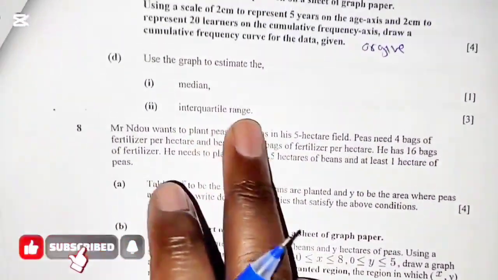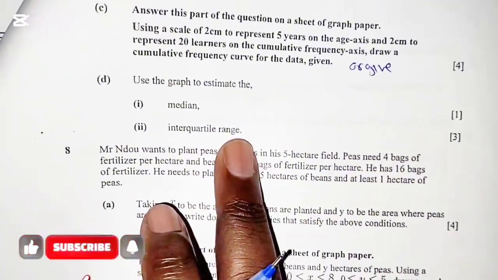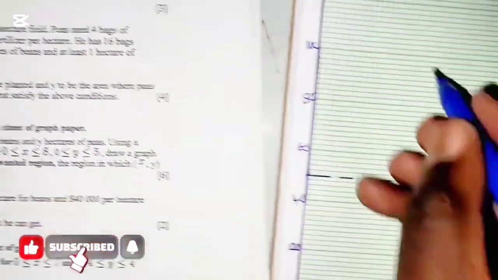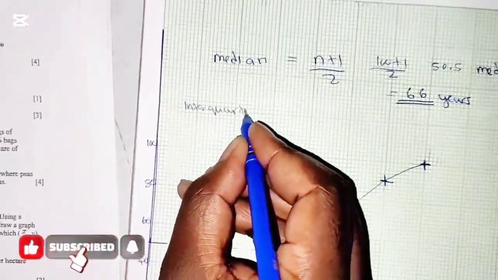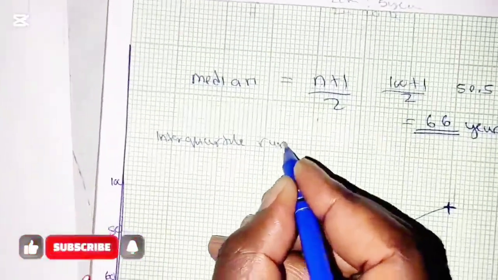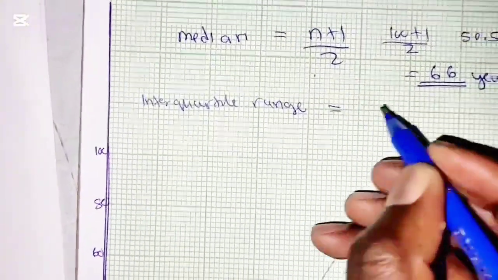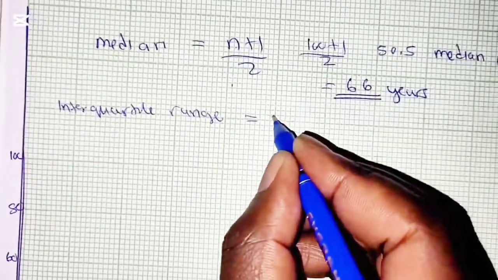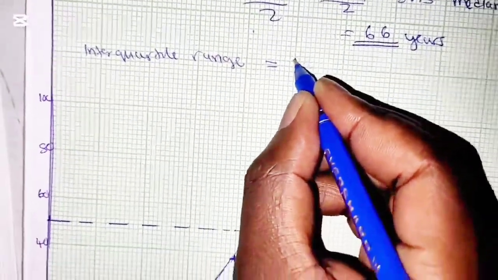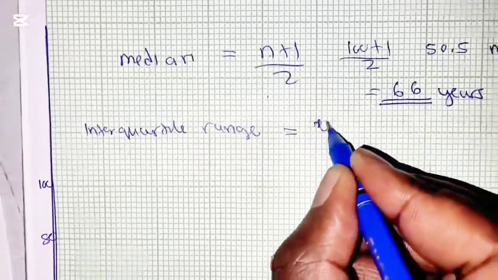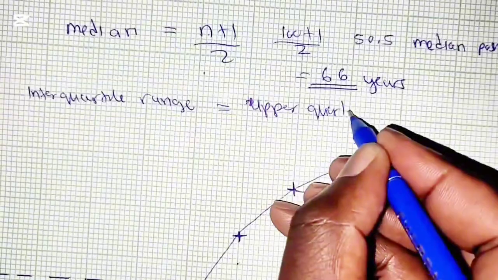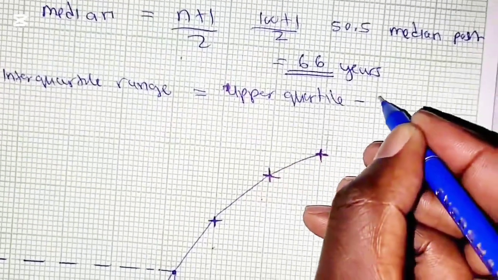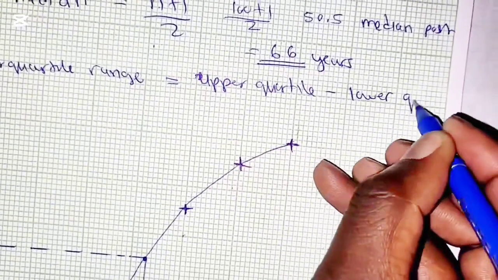Then the other one right here is the interquartile range. So the interquartile range is equals to upper quartile minus lower quartile.